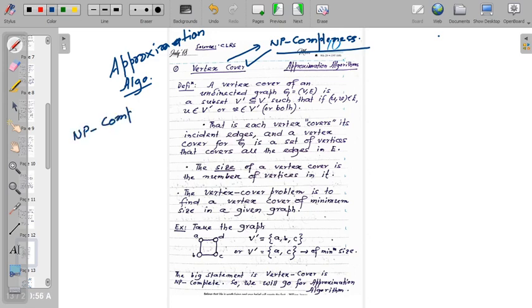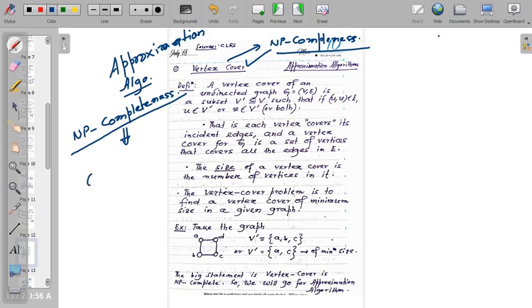Now we have got one chapter called NP completeness, and this chapter is at the heart of computer science. Why? Because it classifies which problems are hard to solve and which are relatively easy to solve. How do we measure?